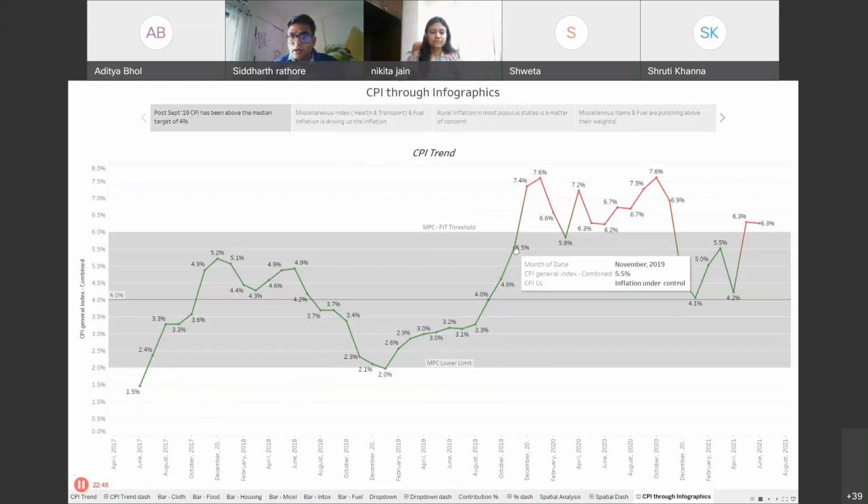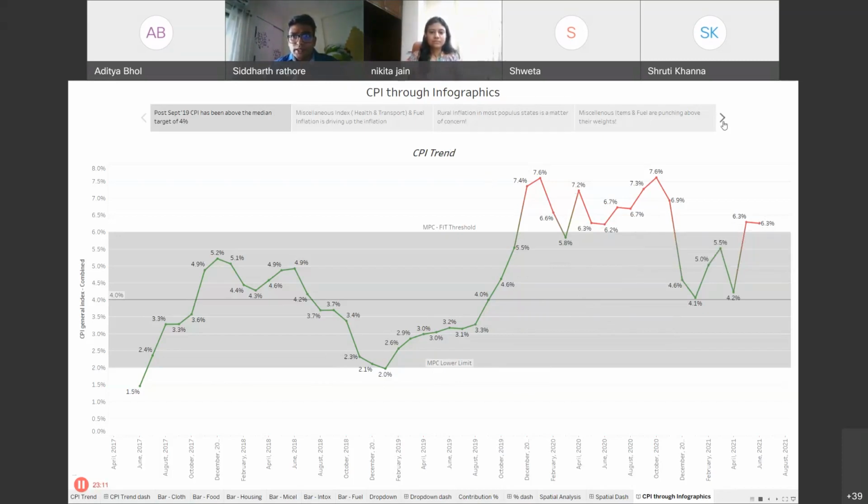As soon as the graph goes beyond the threshold limit, it turns into the red zone. And as Nikita had pointed out, after September 2019, it has been continuously over the median level of 4%, and right now the print is 6.3%.